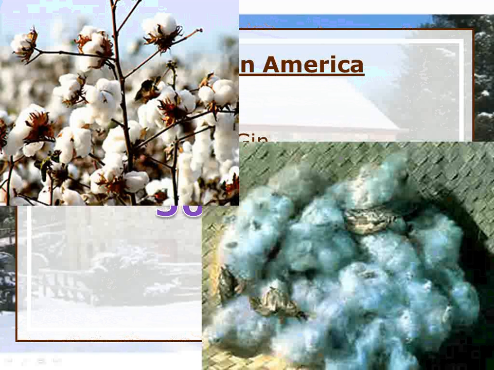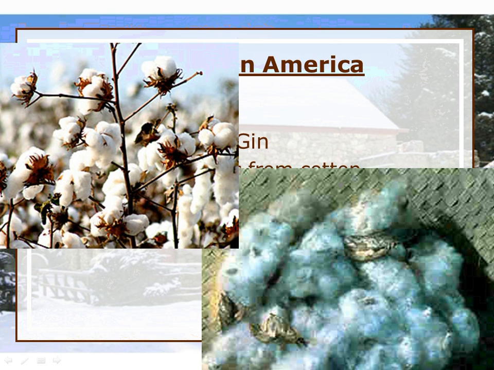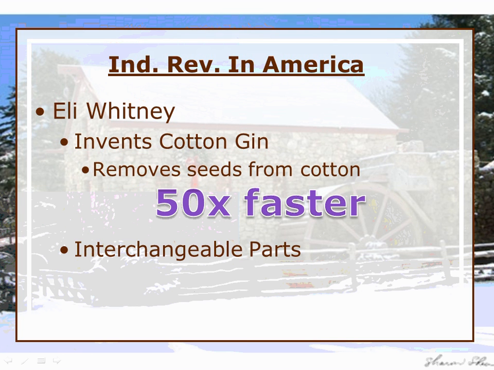Oh, here's cotton, by the way. I forgot to show you the picture. This is cotton with the seeds in it that you have to pick out, all the little seeds. The cotton gin picks out the seeds automatically. Here's what the cotton plant looks like that you have to pick. But yes, Eli Whitney also came up with this idea of interchangeable parts. And that means that you make all the parts the same size.